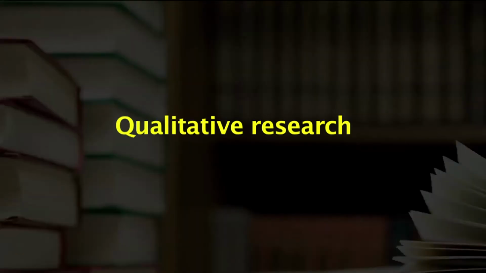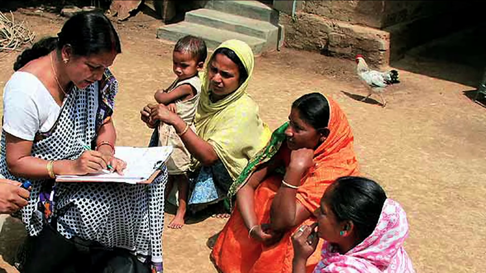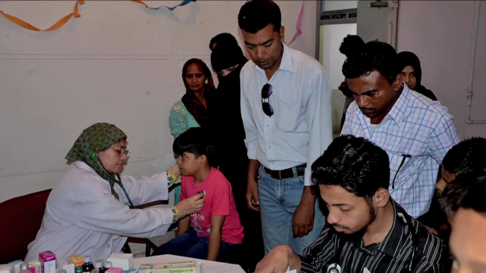Another form of clinical method is qualitative research. These studies are often about understanding better what it is like to live with a condition or a disease and how people feel about their care and treatment. It can be highly interactive with people by doing interviews, discussion groups, etc., or it can be more observational.